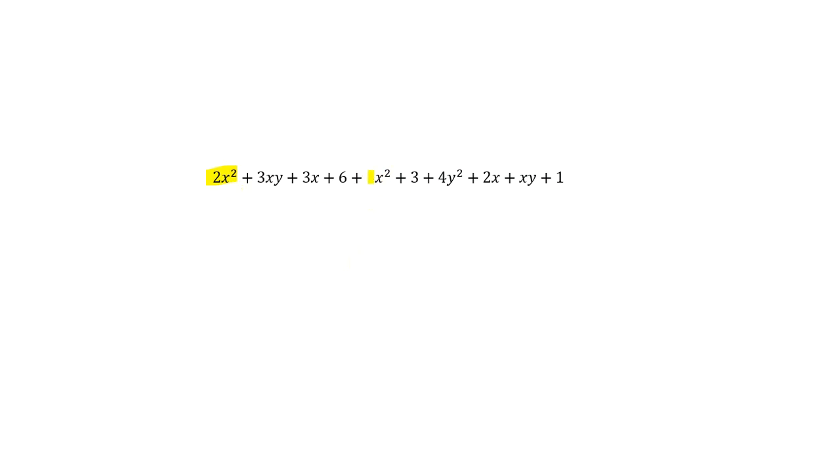Let's use the commutative property to move these two families together. Because we are dealing with addition here, remember we can add in any order and it doesn't change our expression. So we're going to go ahead and move the x squared families together.